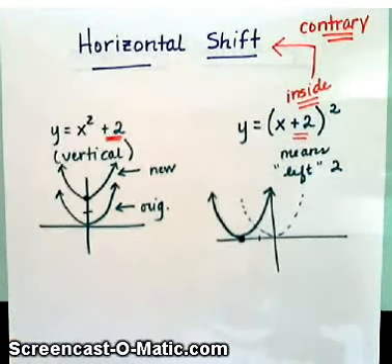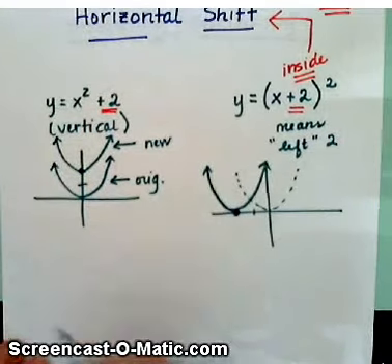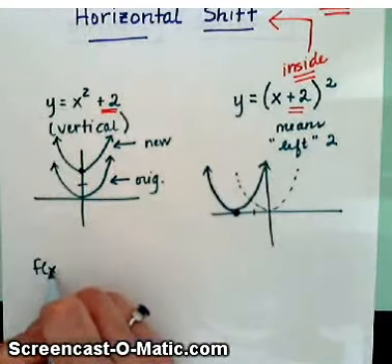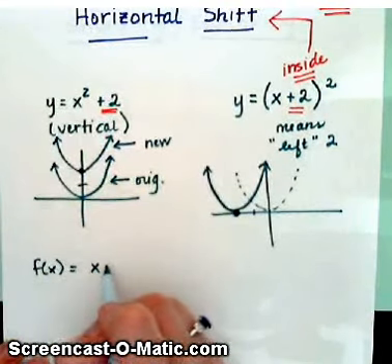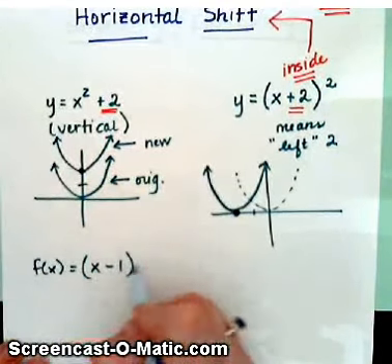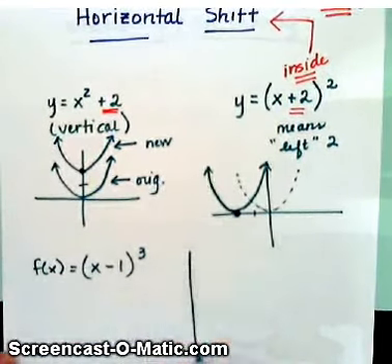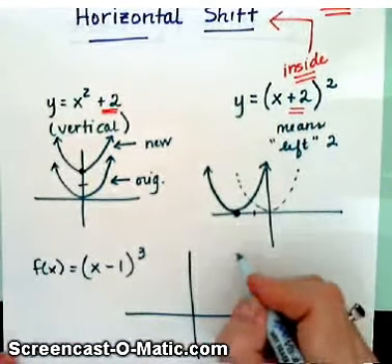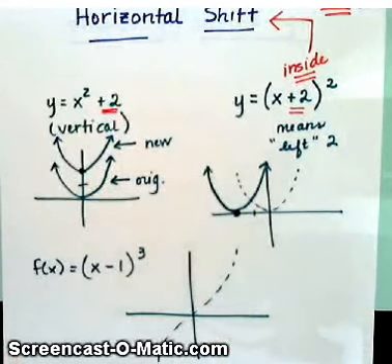Okay, let's do another one of those. Push this up just a little bit. Let's look at f of x is equal to, let's do x minus 1 cubed. All right, now you know cube is the tall guy. I'm going to just dot what normal cube would have looked like, sort of like that.